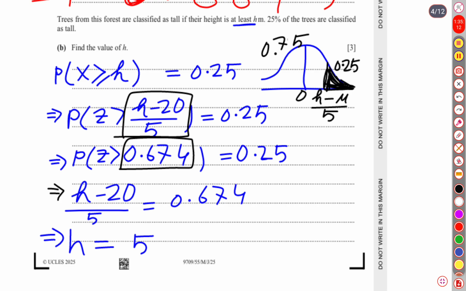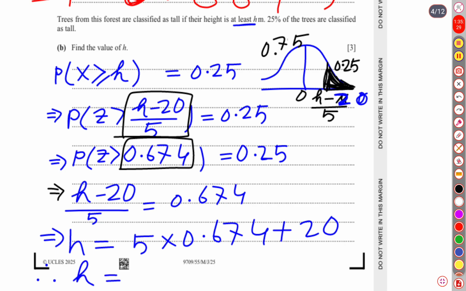It is not mu, it is 20. So our h is going to be 5 into 0.674 plus 20. Hence the value of h is going to be 23.4, rounded to three significant figures. So that's all about the solution to question B of this question.